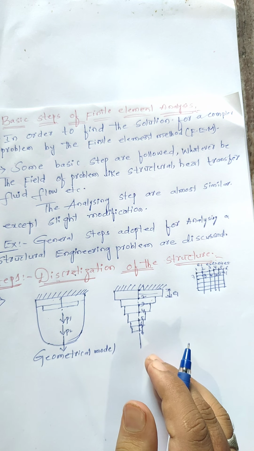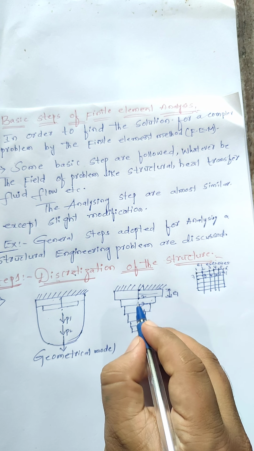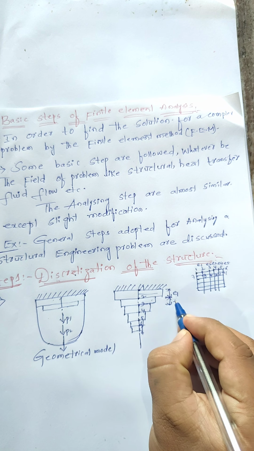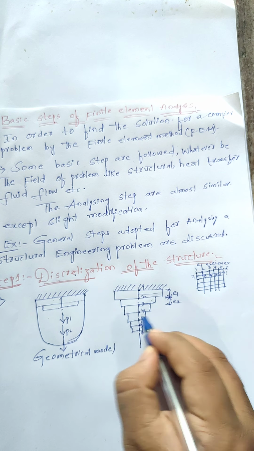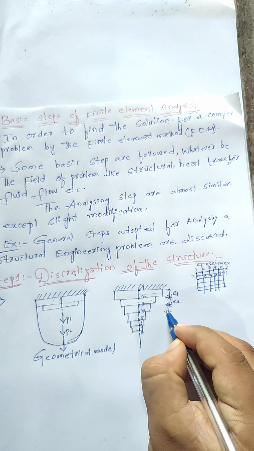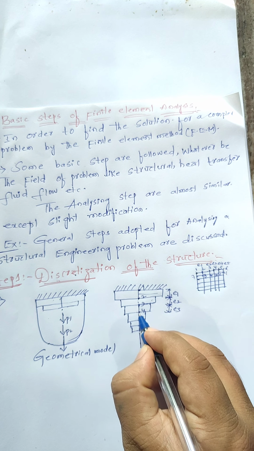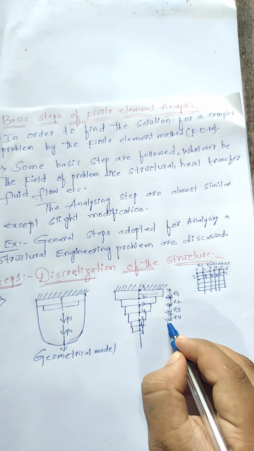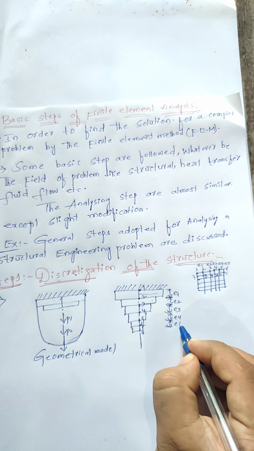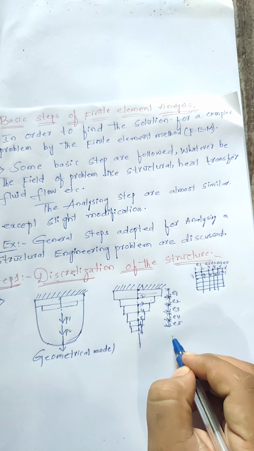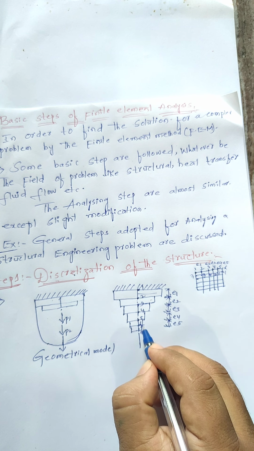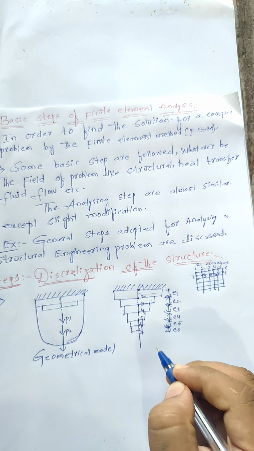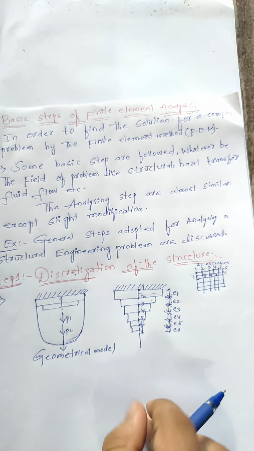If you join the node from second to third, the forming of element is E2. Joining the node from 3 to 4, the forming of element is E3. Joining the node from 4 to 5, the forming of element is E4. Joining the node from 5 to 6, the forming of element is E5. If joining the node from 6 to 7, the forming of the element is E6. Is it right, Nadia?